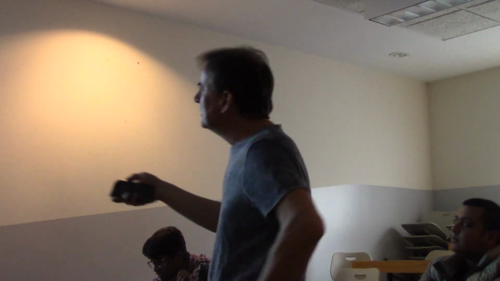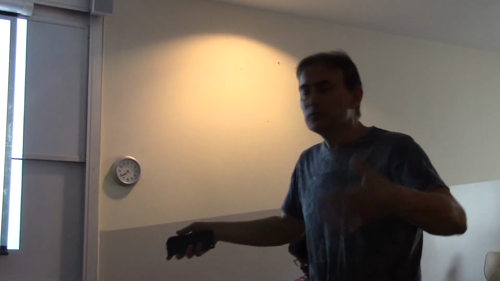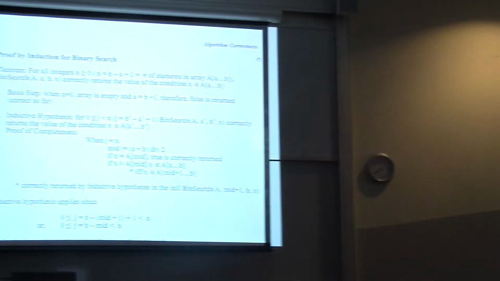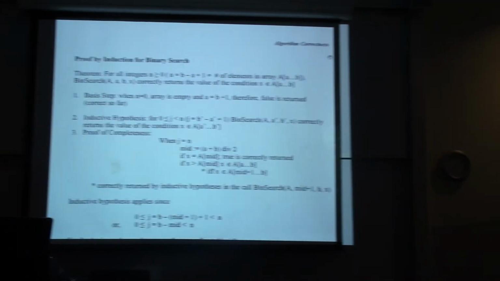Now what if the number of elements in J is more than one? For example, it's 2. If it's 2 elements, what's going to happen? Well, for example, let's say the elements are 3 and 4. So 3 plus 4 is 7, divided by 2 is going to be 3. So if it's a match, we're good. But if it's not a match, if it's less than that, we have 0, which will return false.